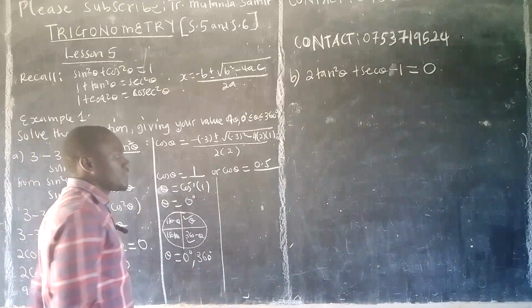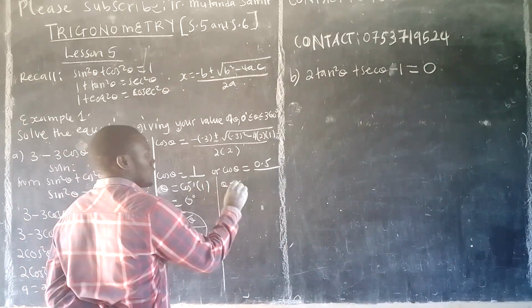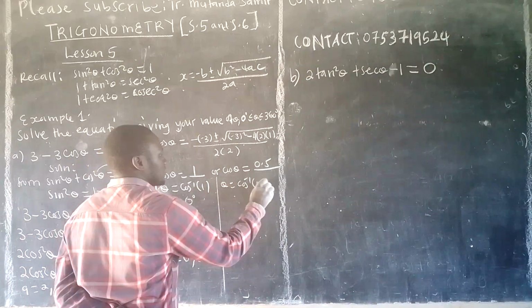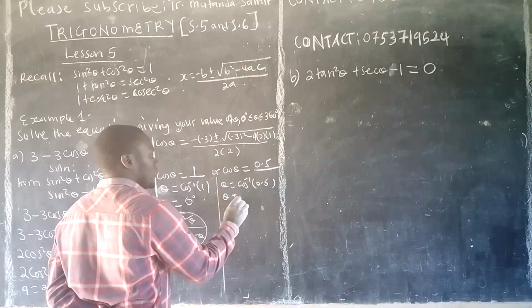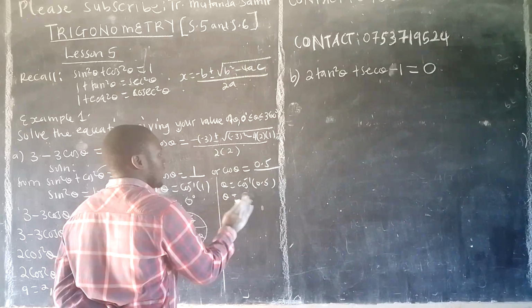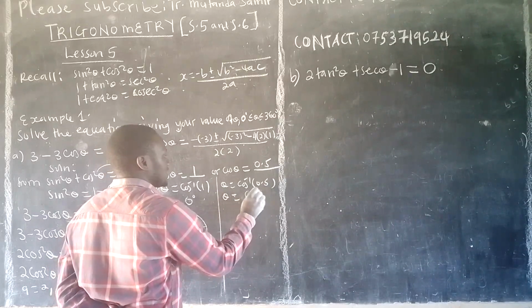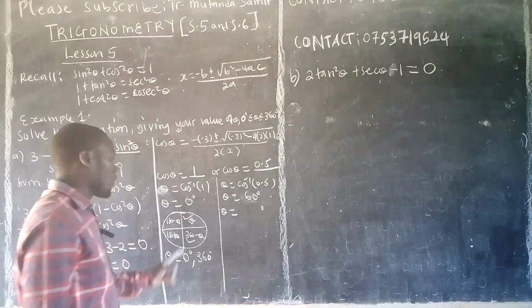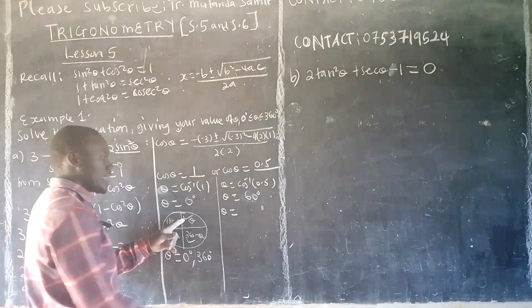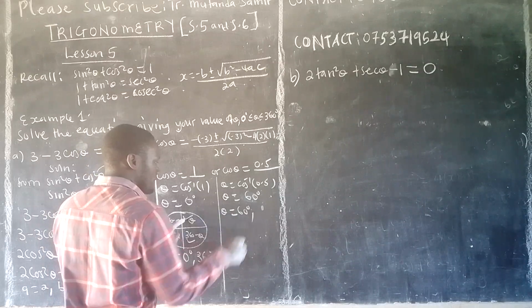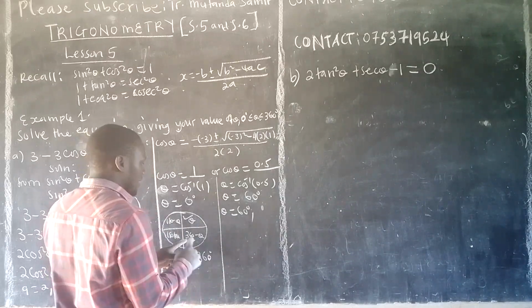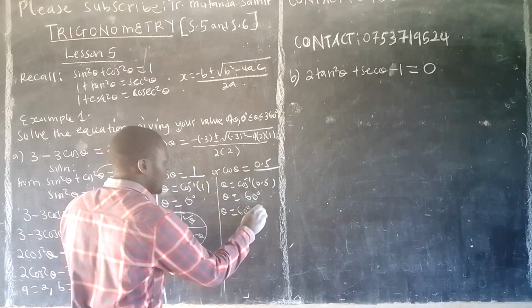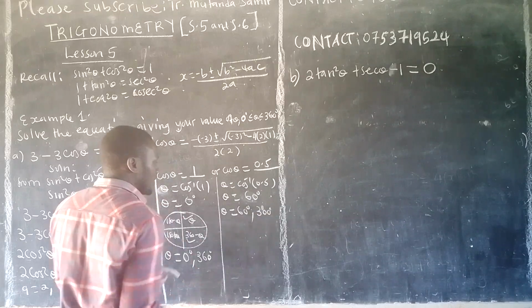As simple as that. Now when you come this side, theta will be equal to cos inverse of 0.5. Cos inverse of 0.5 is 60. Since they're all positive, we are going to use this very one. So here we shall take 60, comma, then this side we shall take 360 minus 60, which is 300 degrees.